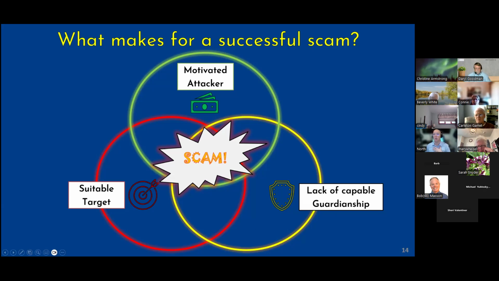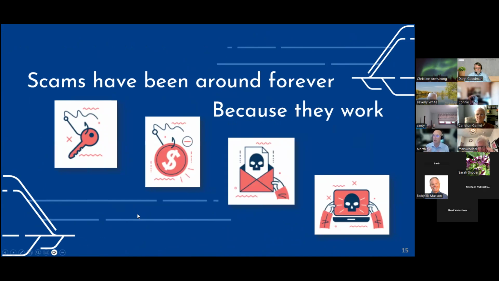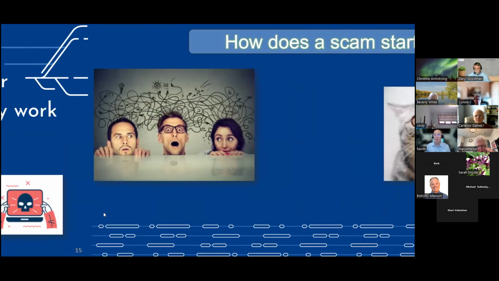Are we doing everything that we can to protect ourselves? So this is our wheelhouse right here, is capable guardianship. So keeping that in mind, scams have been around forever. Why? Because they work. This is the scammers and criminals out there. This is their full-time job. They spend 8 hours, 10 hours, 12 hours a day just dreaming up new ways to take money from us.